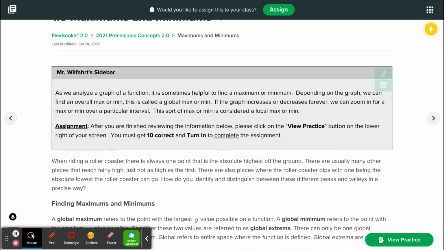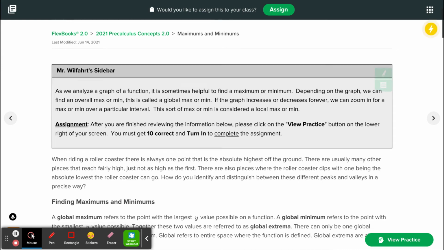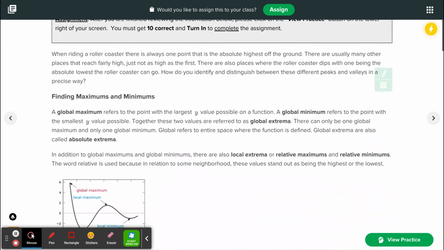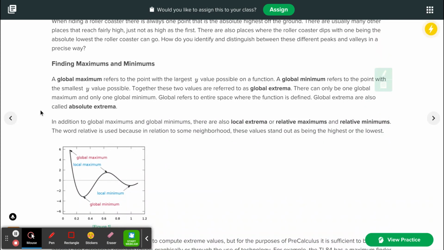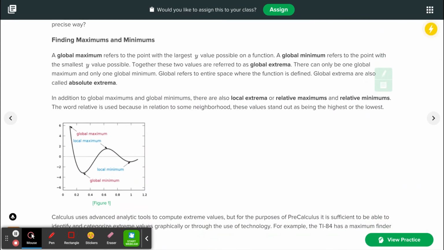We can take a look at how that looks over a particular function graph. You can see there are a couple of examples here. These are good to take a look at in terms of looking at the graph and what we mean by global maximum or minimum, local maximum or minimum.